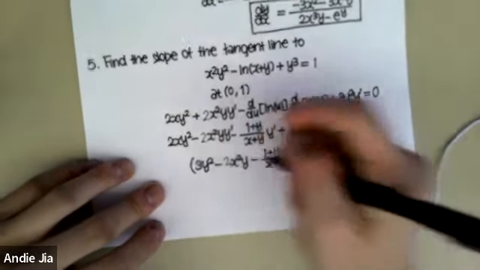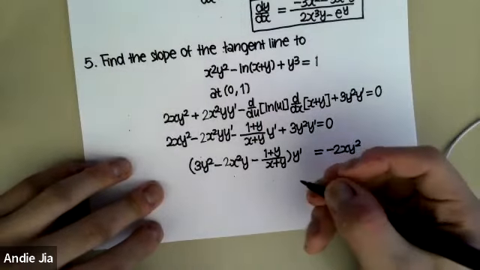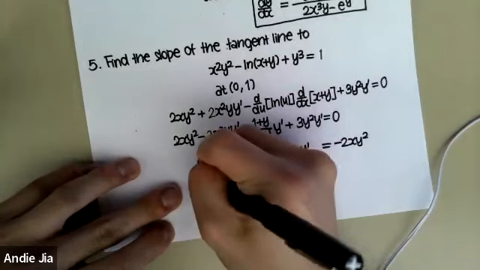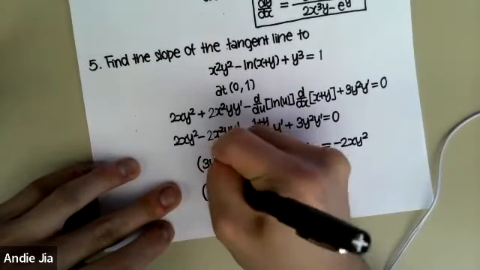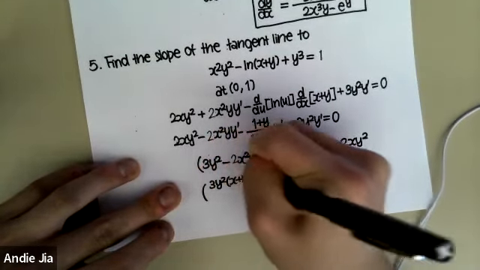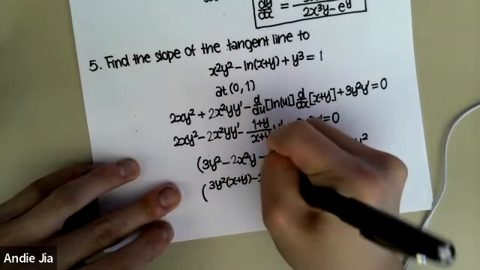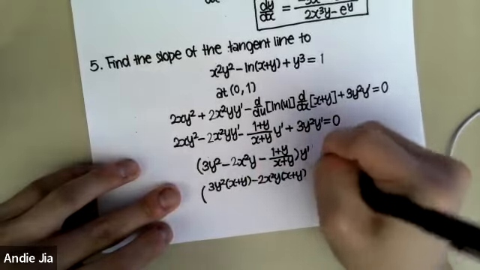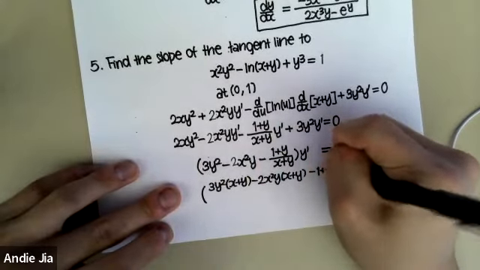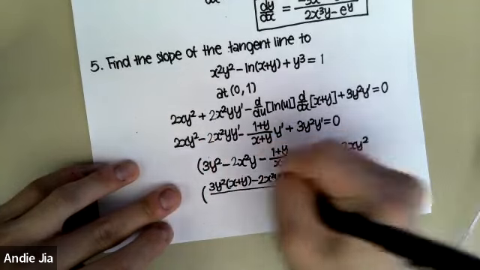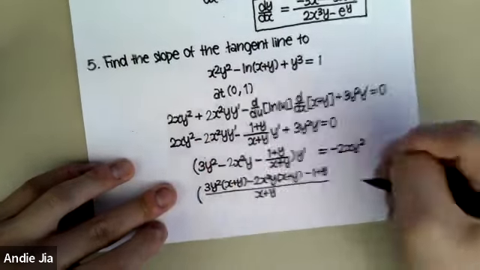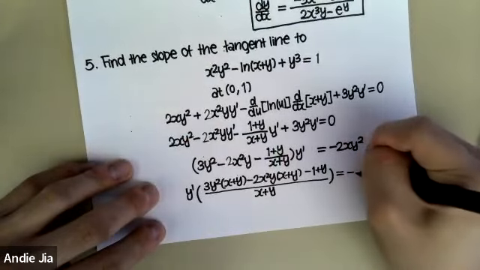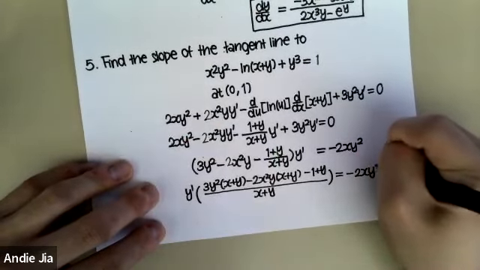Now we want to make a common denominator, so it's x plus y. So we need to multiply everything by x plus y. We have 3y squared, then x plus y minus 2x squared y, x plus y minus 1 plus y over x plus y, and then y prime, it's going to be 2xy squared.